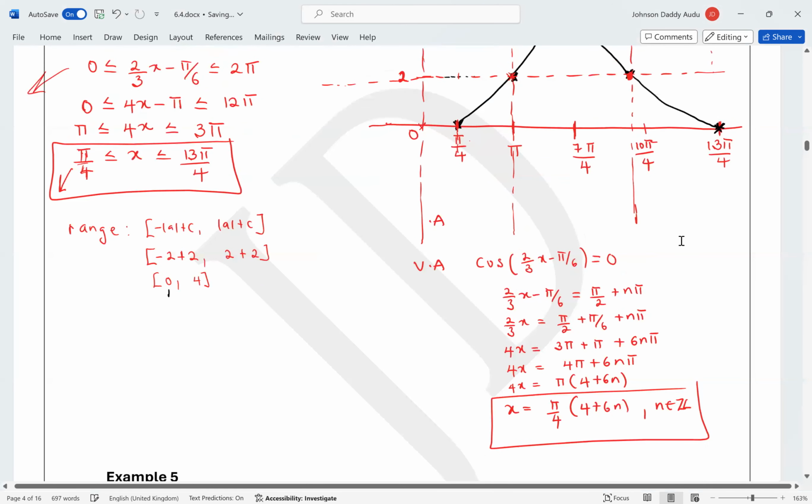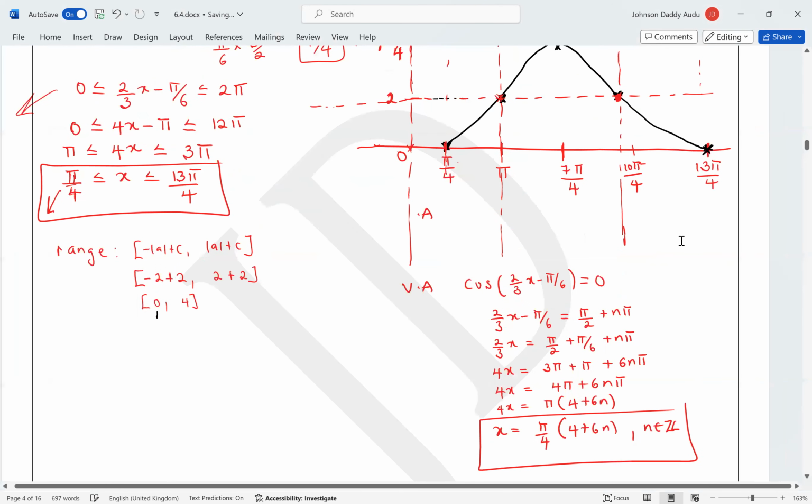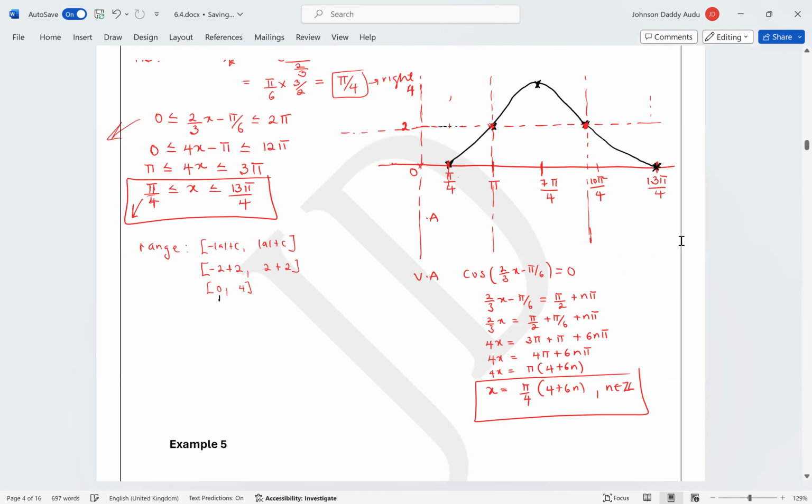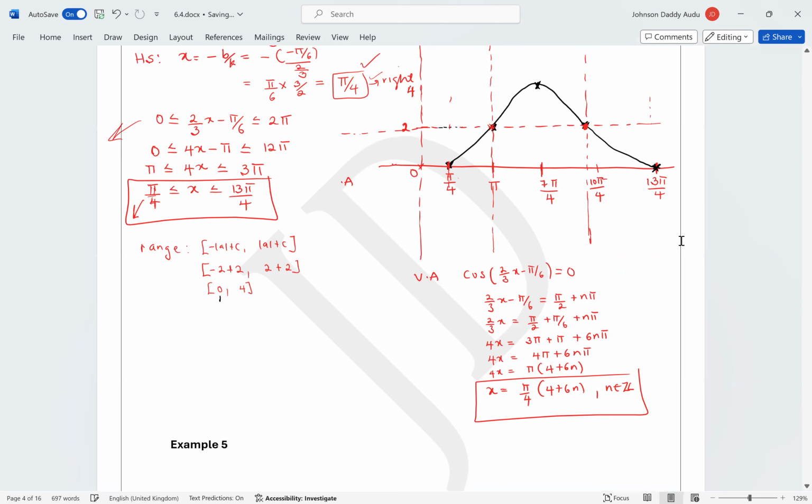And then you can see that none of the vertical asymptotes is negative, so you can start with n equal to 0. If you substitute n equal to 0, we get x equal to just pi, right?